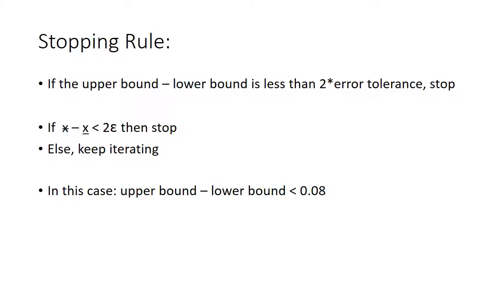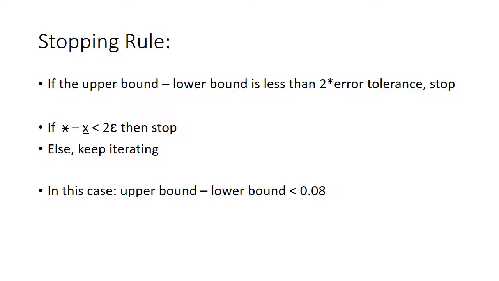As we go through these iterations, we have to decide when to stop. This is where the error tolerance comes into play. The general rule for the one-dimensional search procedure is that if the upper bound minus the lower bound is less than 2 times the given error tolerance, stop. I've written it out in a little bit of a coding language, if that helps.